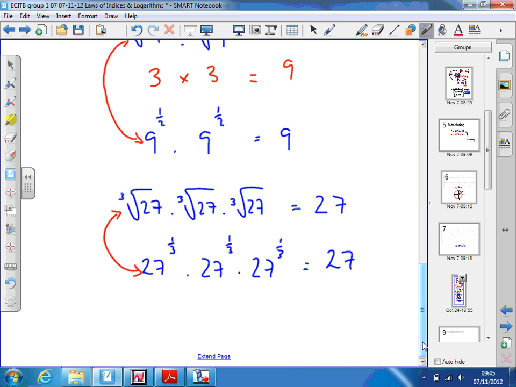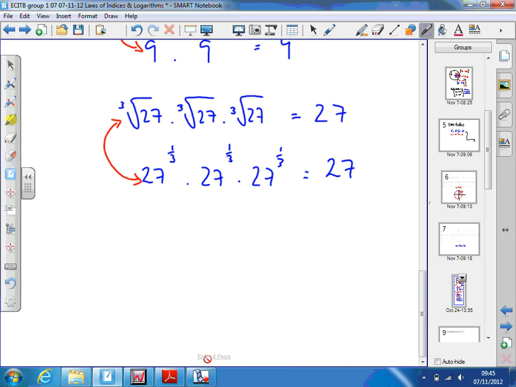For example, the cube root of x squared equals x to the 2 over 3, using that law of indices. Because it doesn't matter what is inside the cube root, as we proved above, it means a third. So it's whatever's inside, x squared, to the power of a third. So it's x to the 2/3.